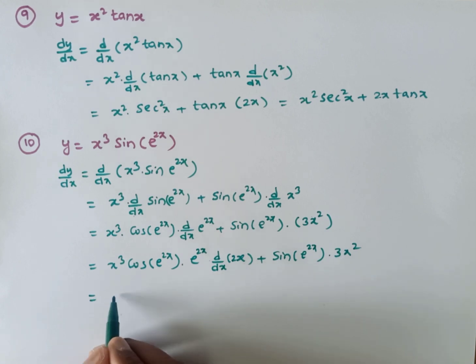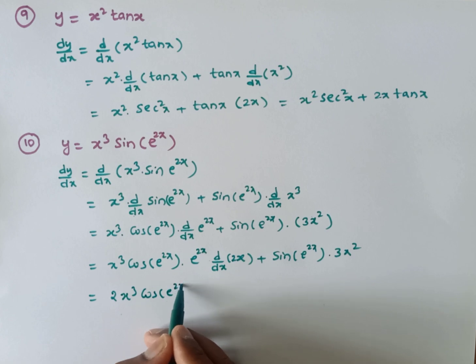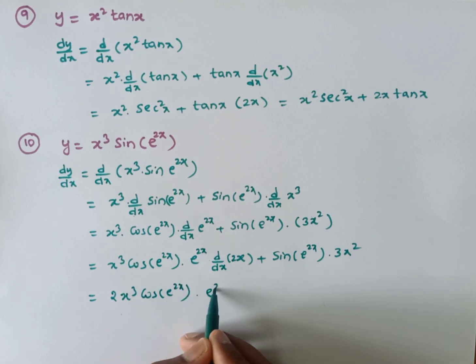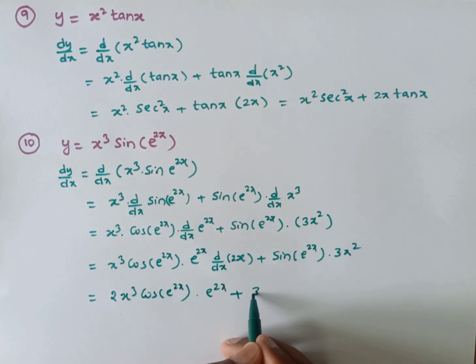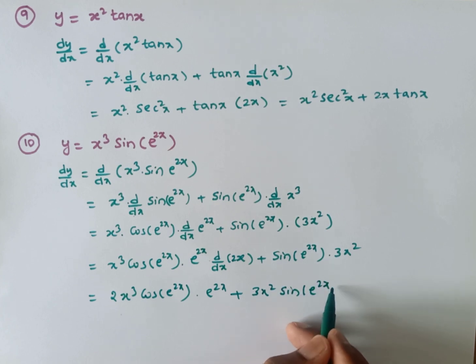So finally it is 2 into x cube cos of e power 2x into e power 2x plus 3x square into sin of e power 2x.